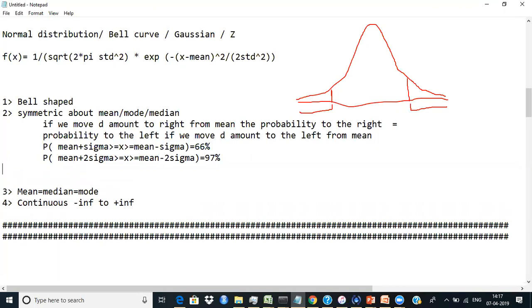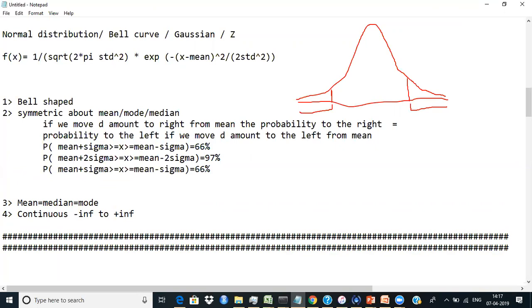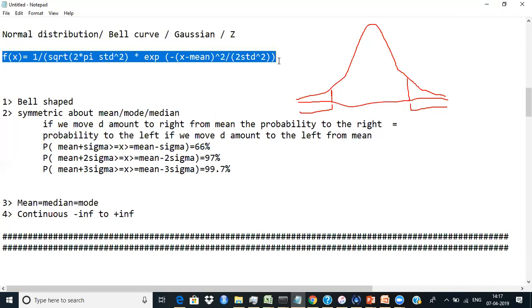If we move by 3 sigma, the probability becomes 99.7%. How do we get this? You can get this easily if you integrate this function from mean minus sigma to mean plus sigma. You'll get exactly 0.66.